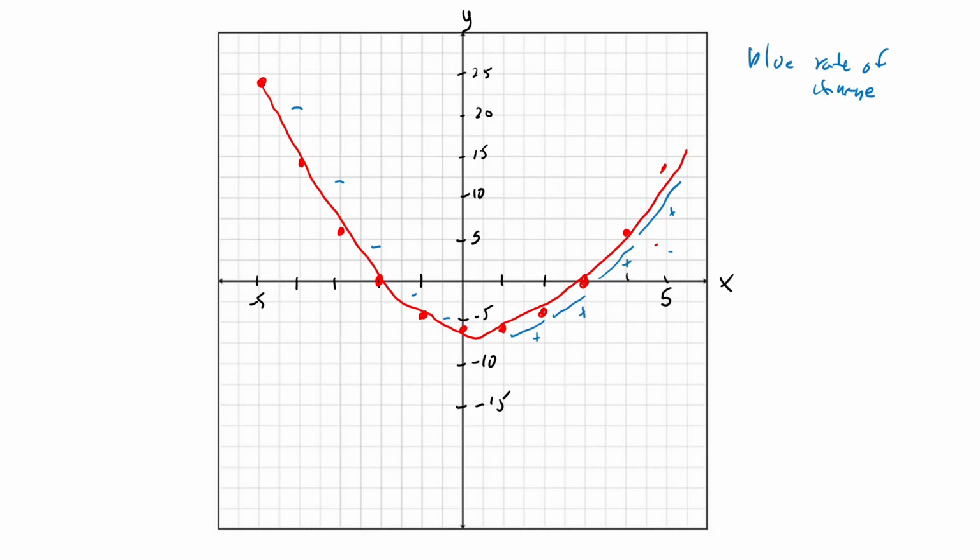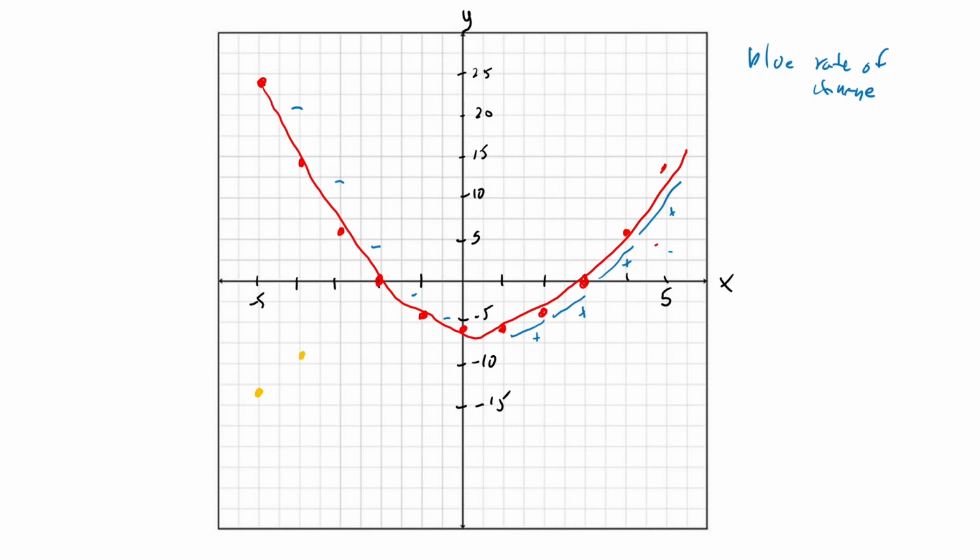Now let's go through and plot our derivative. We'll put this in a yellowish color. At minus 5 we had minus 11, about right there. At minus 4 we had minus 9.